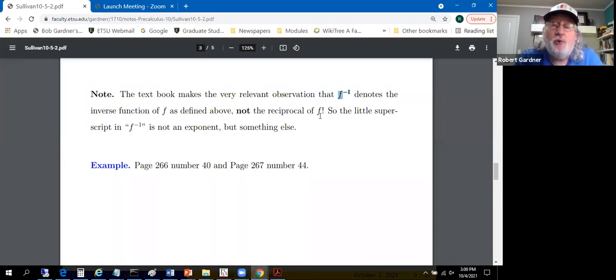It will undo whatever function f does. It has nothing to do with reciprocals. Don't simply take a -1 exponent. It isn't an exponent. You don't take a reciprocal. It's something else. It's not a reciprocal. And we'll have techniques to find them algebraically shortly.